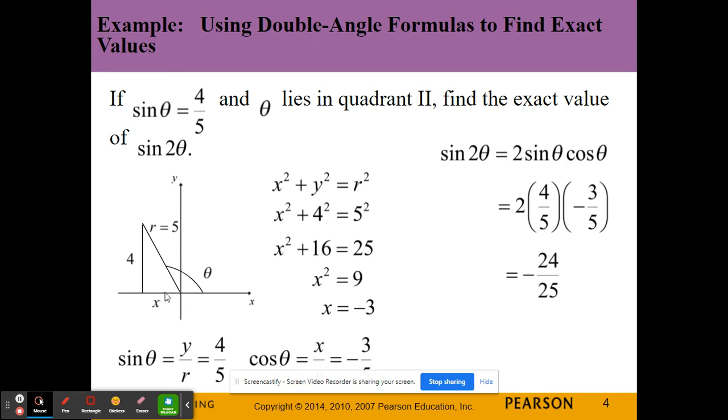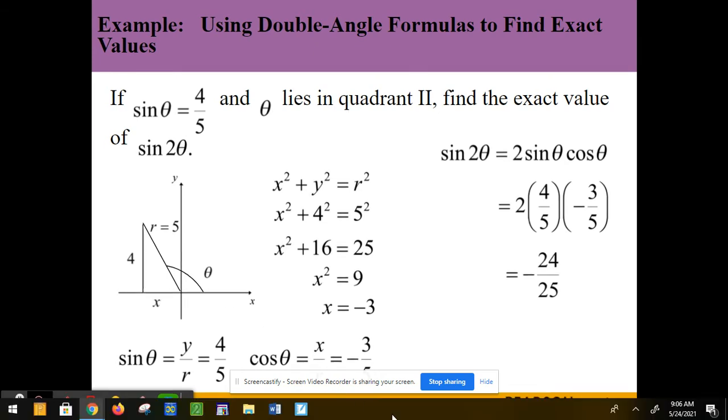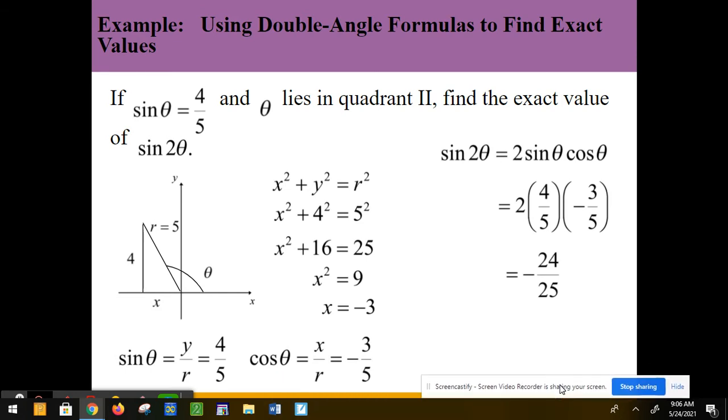You need to find what the x value is. So y would be 4, r, the hypotenuse or the radius of the unit circle, would be 5. And then you're going to solve for x. You can use Pythagorean theorem or know that this is a special right triangle, which is a 3, 4, 5.